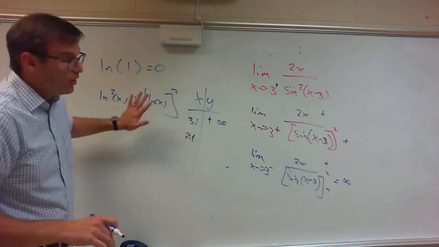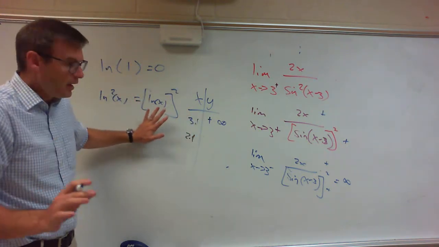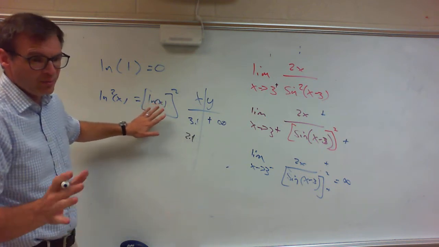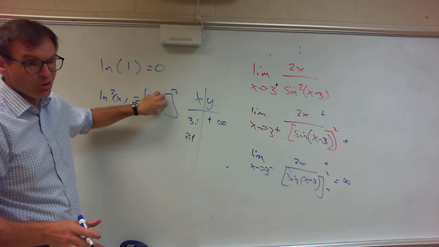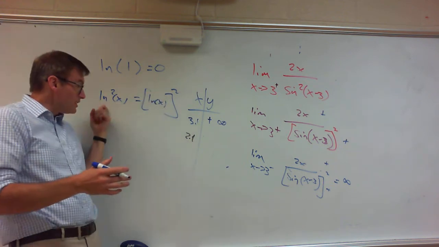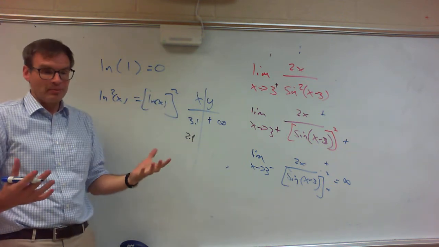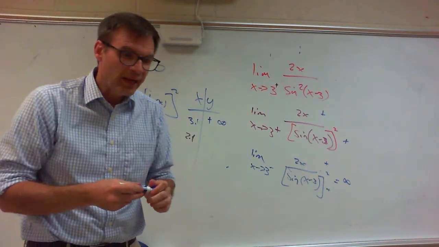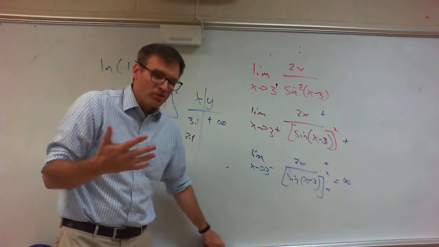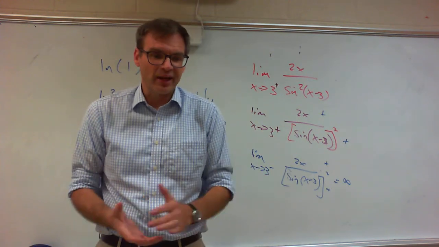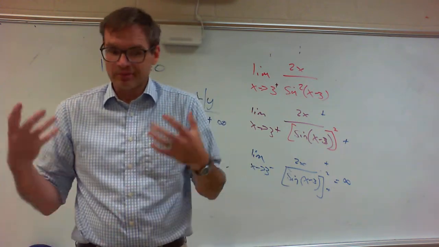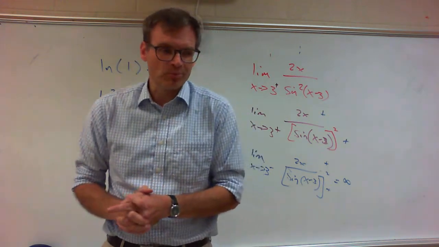So they did give you some stuff with logs, and I think most of the log questions they gave you involved squaring natural log. You just need to know that this means this, and this is guaranteed that the bottom is positive. I went through this pretty quickly because I've already talked about vertical asymptotes. So that's the vertical asymptote part.